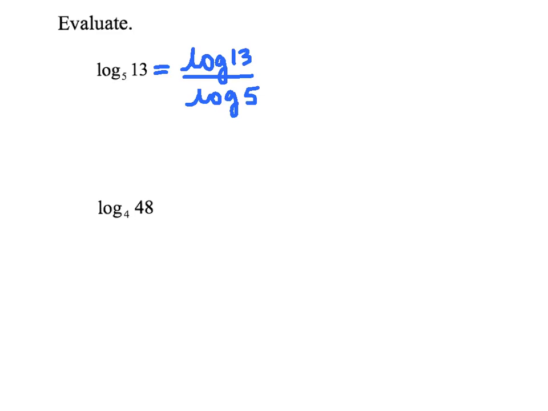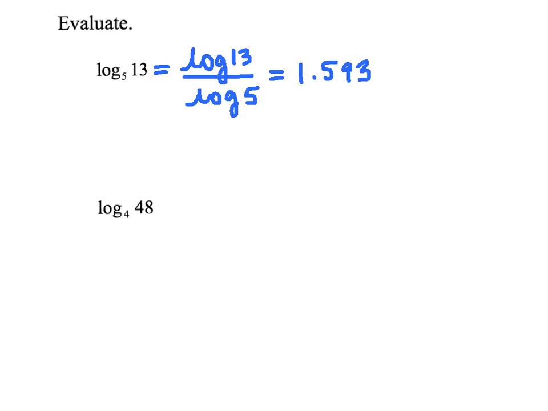Put the common log of 13 divided by the common log of 5 into your calculator, and then go ahead and start the video up again. The common log of 13 divided by the common log of 5 is equal to 1.593. We're going to use 3 decimal places of accuracy. That's what we'll agree on.